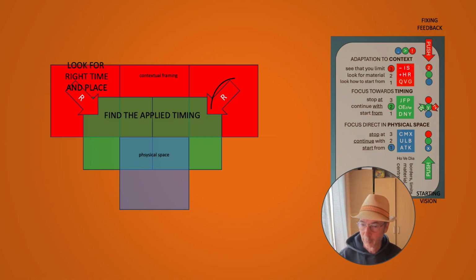So it has a formula, and it will look for the right balance in time and space to make it possible that it will find its material at the right place and time. So it's looking for the right time and place via the diagonal, and will find then the applied timing.